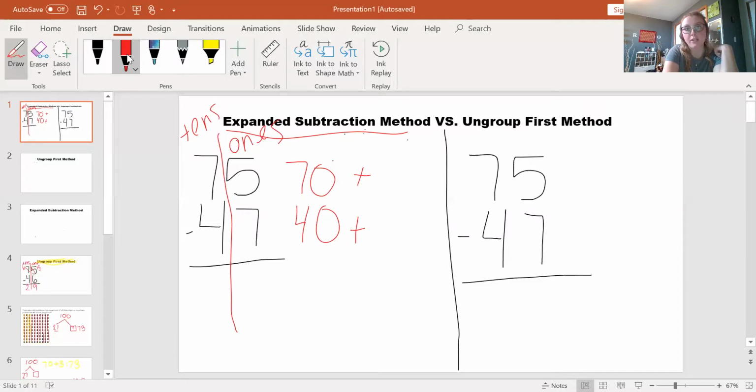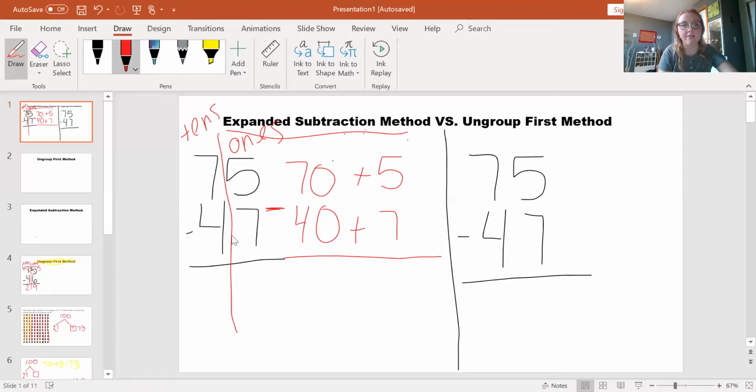Then 5 ones is just 5, and then 7. Again, with the expanded subtraction method, you can see easier what you can and can't do. So I know we have to do a little bit of addition and a little bit of subtraction, but that is how that looks.